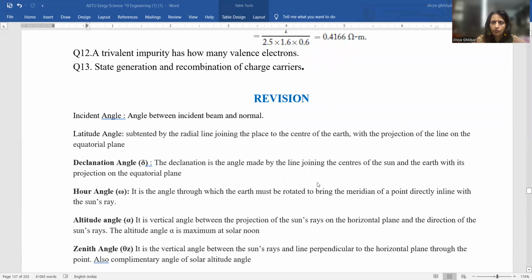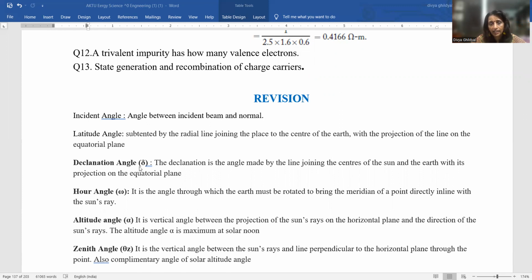Quickly, I will revise full solar energy with you fast. Incident angle, angle between incident beam and normal. Latitude angle, subtended by the radial line joining the place to the center of Earth. Declination angle, made by the line joining the centers of the sun and Earth with its projection on the equatorial plane.